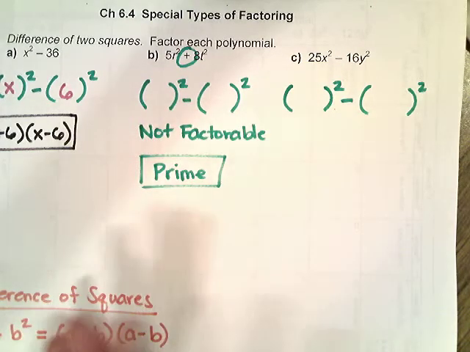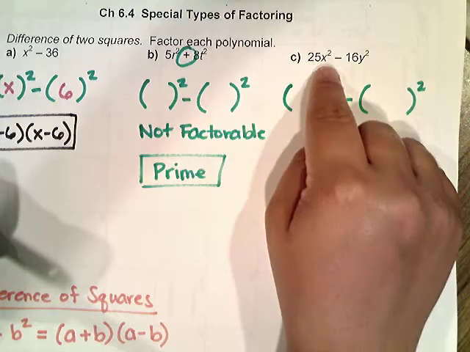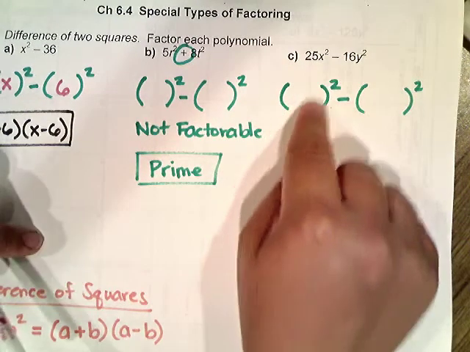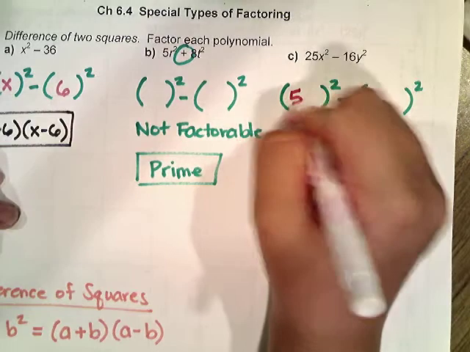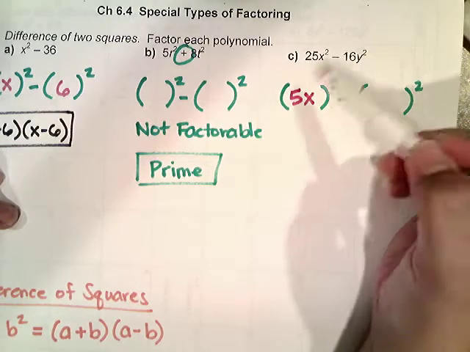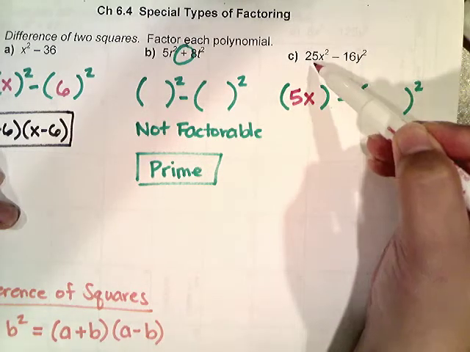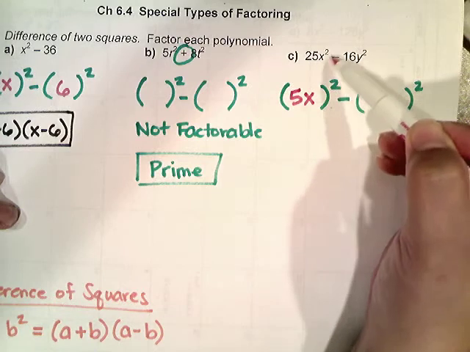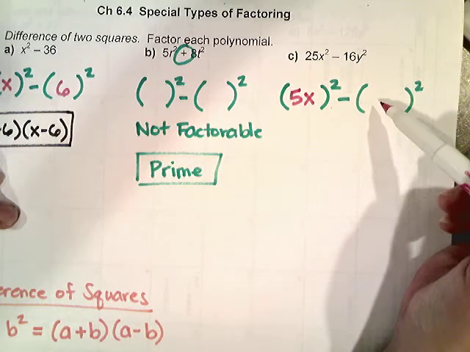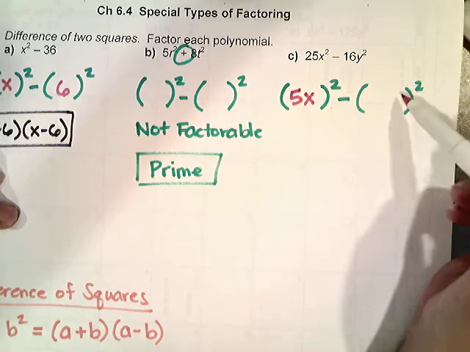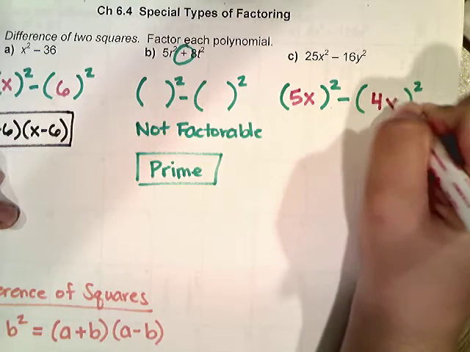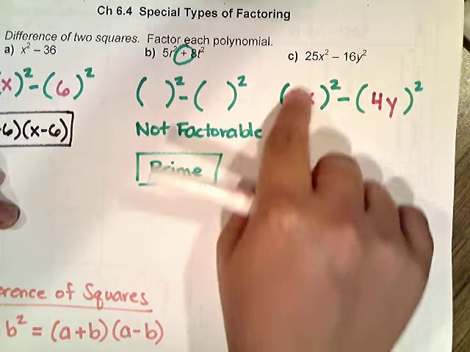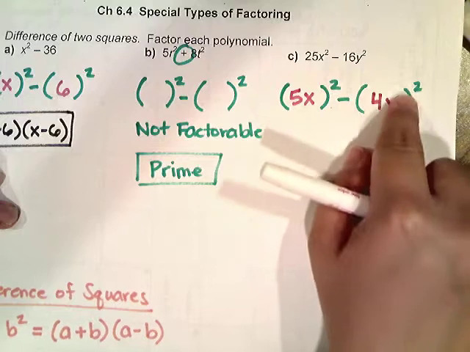And then, can we write 25x squared as something squared? In that case, we can. That would be 5x, because 5 squared is 25, and x squared is x squared. Here, what can we write in here and square it to give us 16y squared? That would be 4y. So again, this is in our A position and this is in our B position.